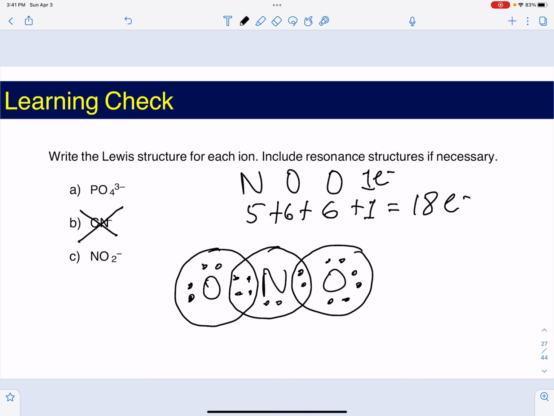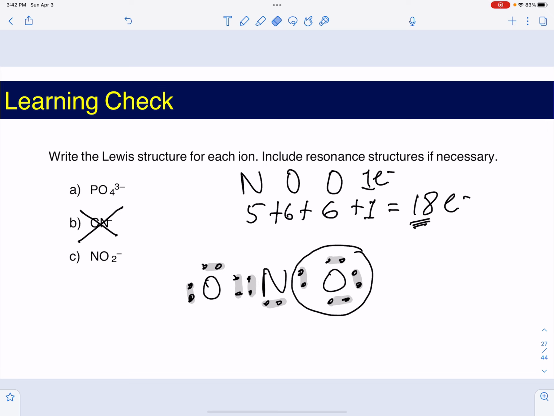And I cannot have anything more than 18, so 2, 4, 6, 8, 10, 12, 14, 16, and 18. So I know that will work. So this will be a good Lewis structure. And then it's an ion, so -1.